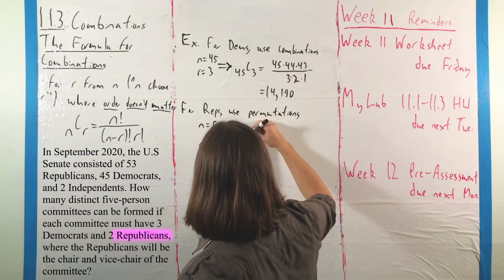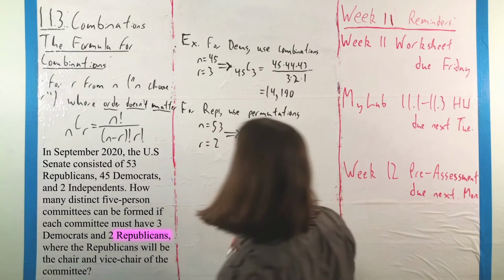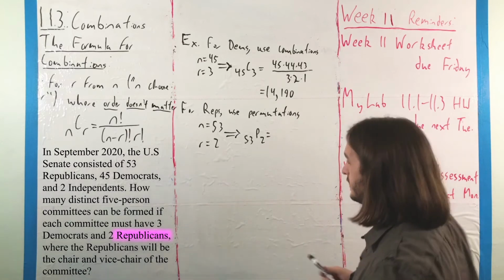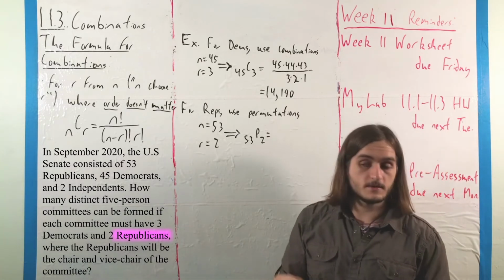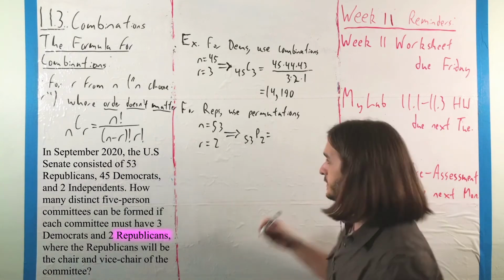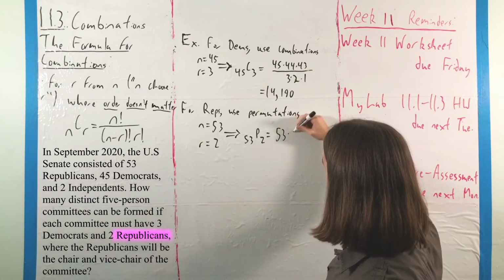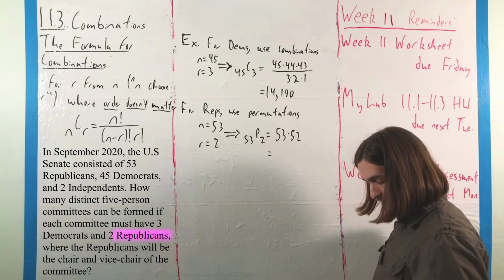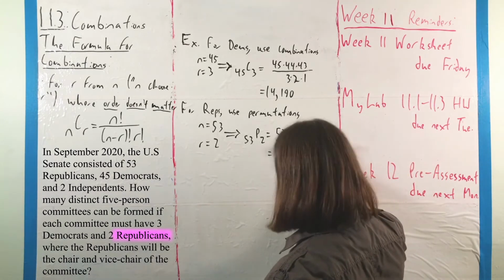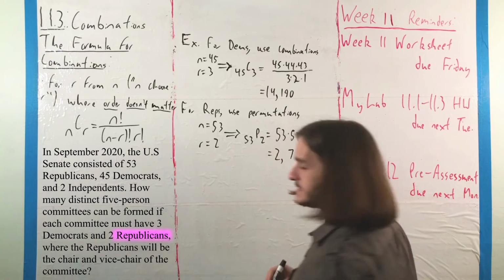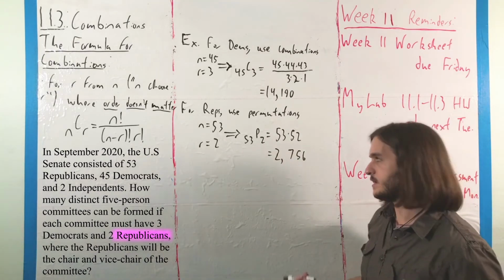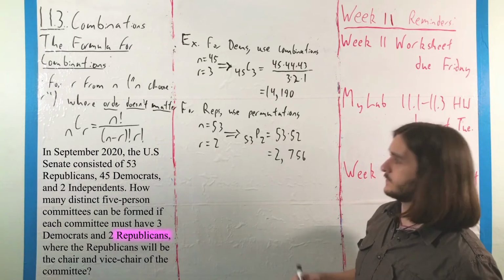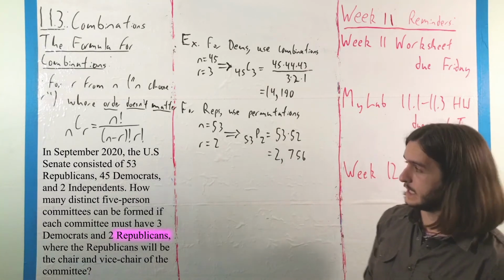So, we permute 2 out of that 53, and that will give us something in the flavor of 53 times 52 times 51 factorial over 51 factorial for a total of 53 times 52, or multiplying that out, 2,756 total ways to get the 2 members of the committee who are the chair and vice chair from the Republican Party within the Senate.